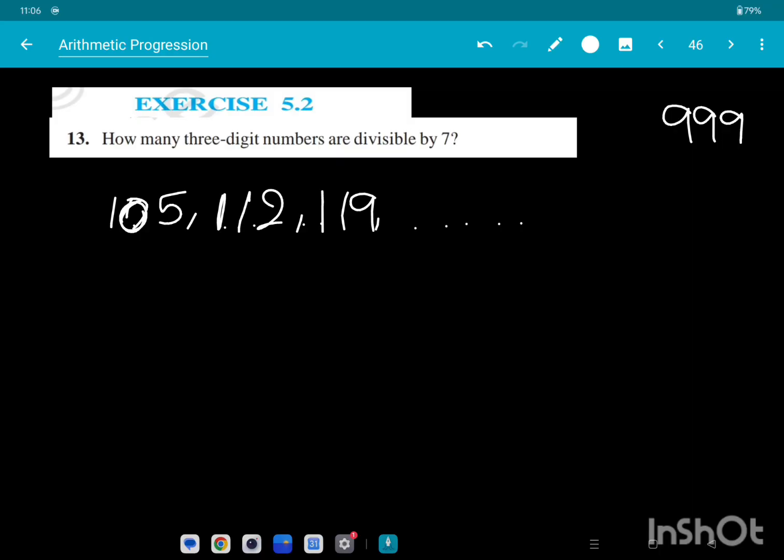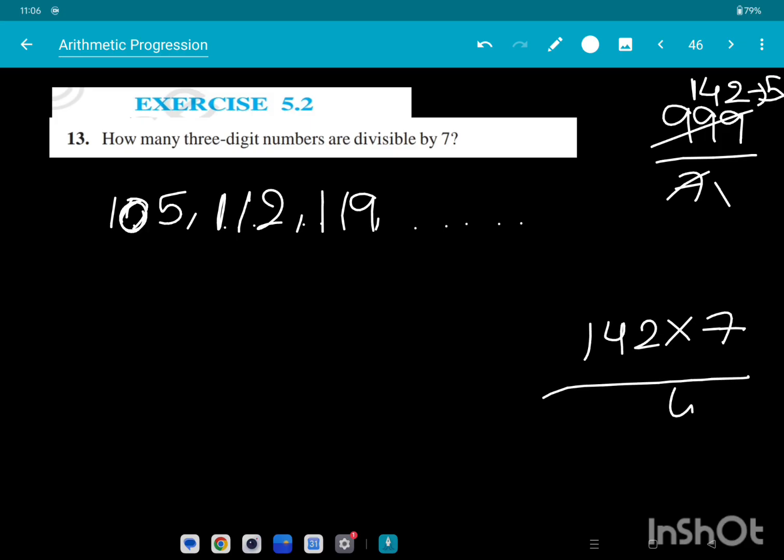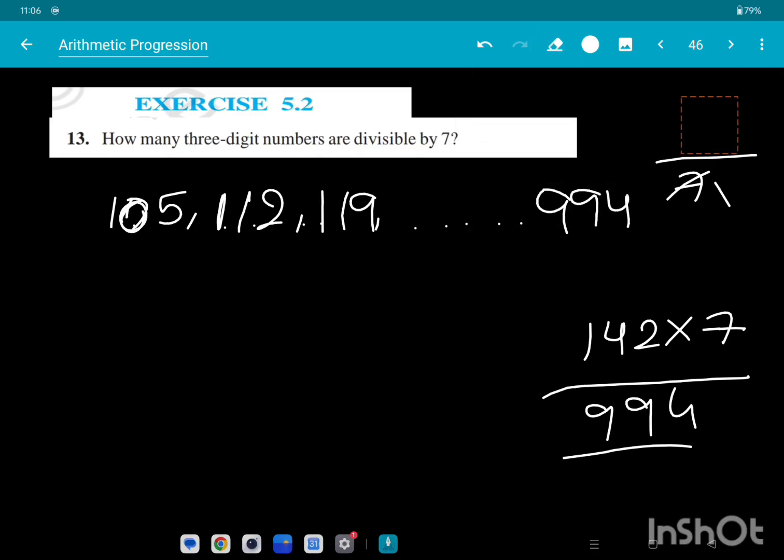How can we find it out? 7 1s are 7, 7 4s are 28, 7 2s are 14. The remainder is 5. So if I multiply 142 with 7, 7 2s are 14, 7 4s are 28, 7 1s are 7, we get 994. So 994 is the last 3-digit number which is divisible by 7.